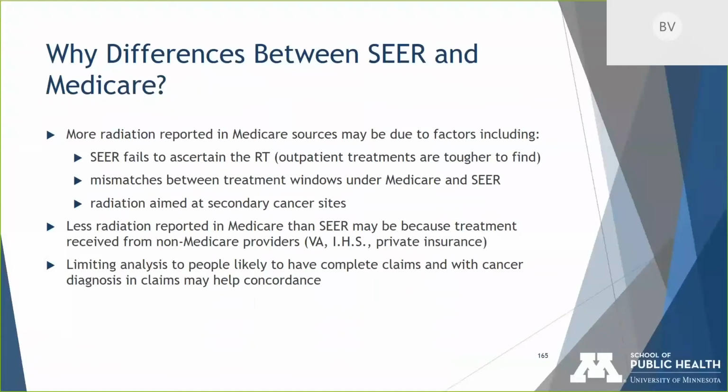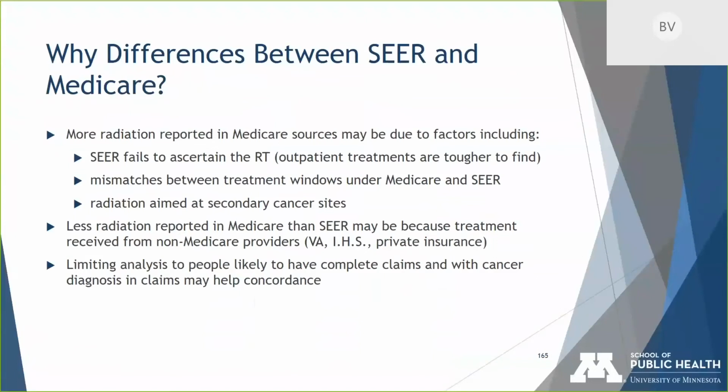If you were to find that less radiation was reported in Medicare than in SEER, this may be due to a number of factors, including that treatment was received from a non-Medicare provider, such as the VA, the Indian Health Service, or other private insurance where Medicare was not billed.